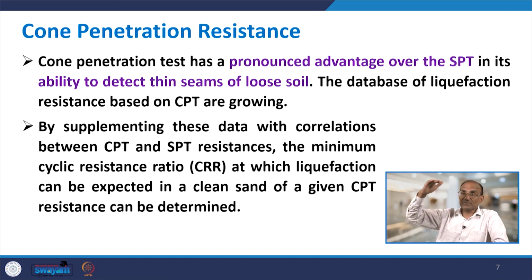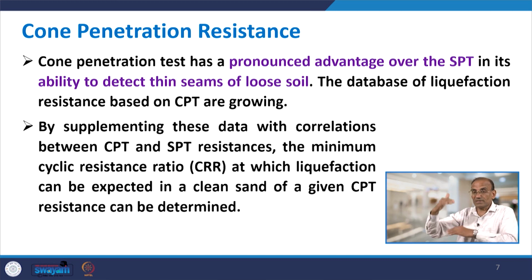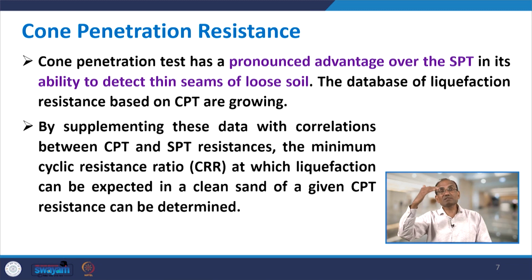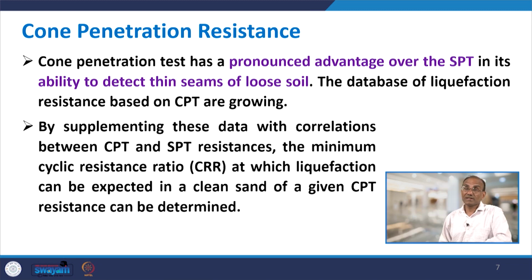In SPT you get scattered data at different levels, because you collect a sample and need to take it out for testing. In CPT you get continuous data, which is one point in favor of CPT.